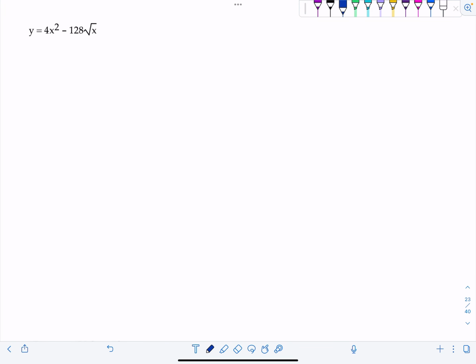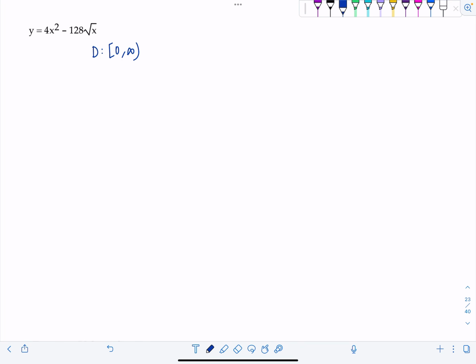We have y equals 4x squared minus 128 rad x. Let's write the domain in the beginning, maybe so we're always keeping it in the forefront of our mind. So what's the domain? Well, 4x squared, that's fine, but I noticed the square root of x, we can't take square roots of negative numbers. So the smallest number I can plug in for x is a 0, all the way to positive infinity, but nothing negative. Let's keep that in mind.